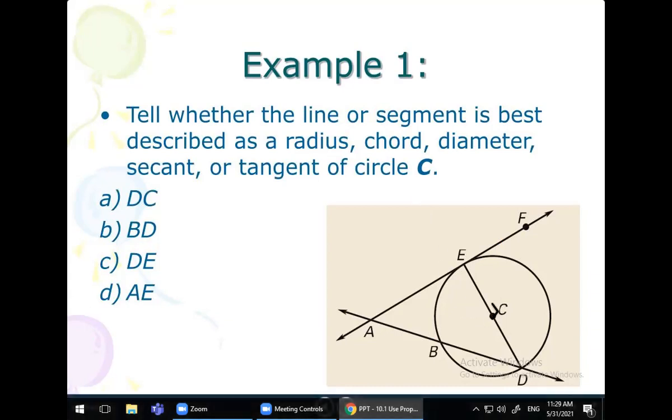What is the best description of the line DC? Radius. What is the best description of BD? Secant or chord? It's a chord because it has 2 endpoints that lie on the circle. What about DE? Diameter. What about AE? Tangent. Thank you.